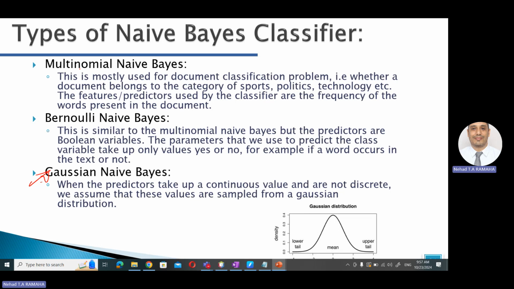For the multinomial naive Bayes, we have a little bit of differences here. We speak about the frequency of some words in some documents.